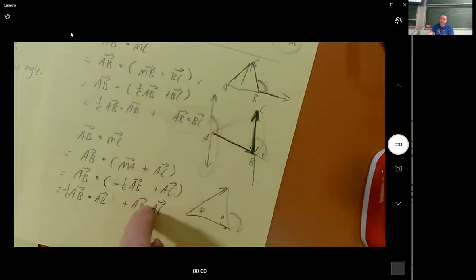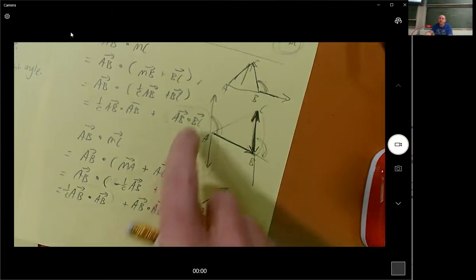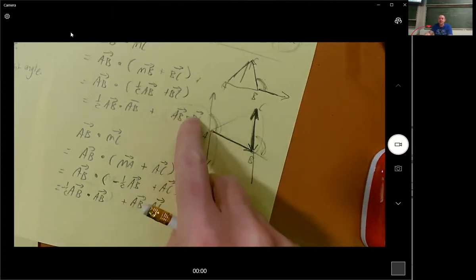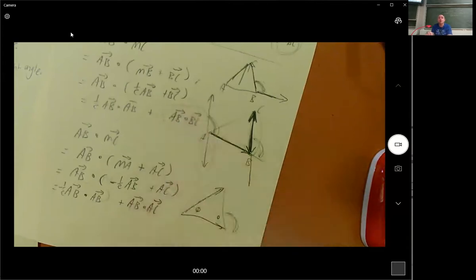And so this is minus that. I don't really want to go into the cosines and the sines of it, but that would be a way of fixing my proof and saying, well, the angle between this is 180 degrees minus the angle between this. So the cosines are negatives of each other.